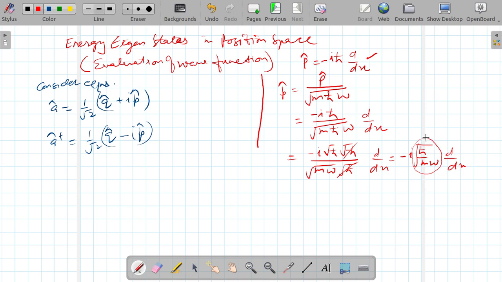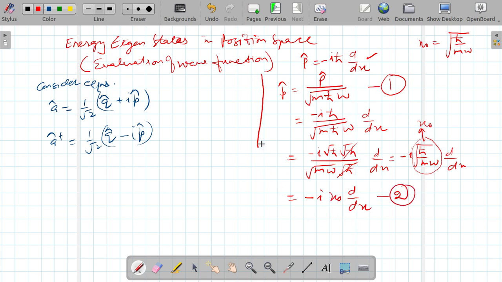But this is nothing but the value of x naught, because we defined x naught in the earlier lecture as the root of h cross over m omega. So if I put its value here, then it will become minus iota x naught d upon dx. Let me call it equation number 1, and this is equation number 2.